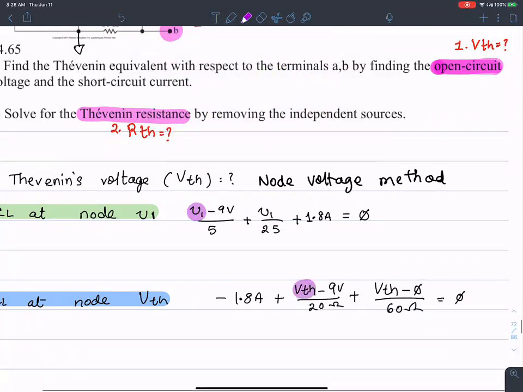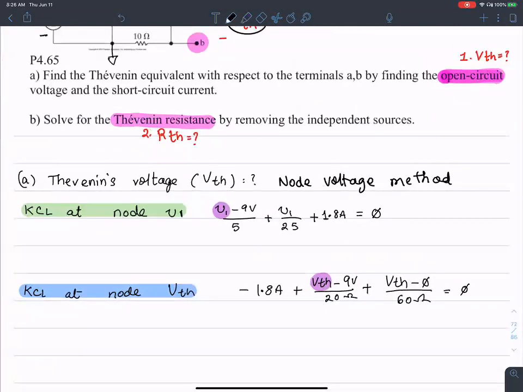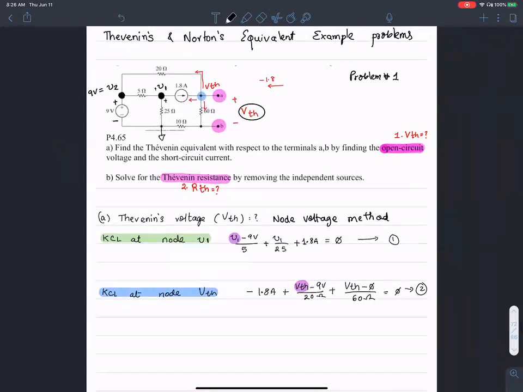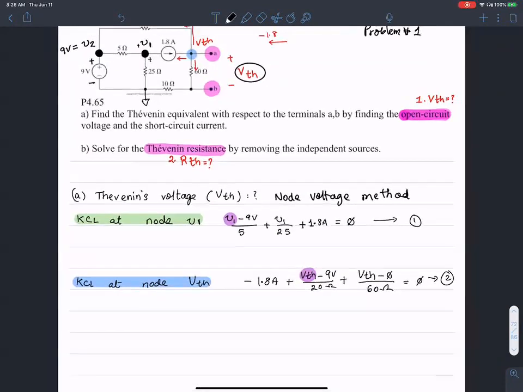In order to solve for these 2 unknowns, I have 2 equations. 2 equations, 2 unknowns. Then I should have a value for V1 and VTH. When I solve for that, the value for VTH I get is 30 volts. It's 30 volts.